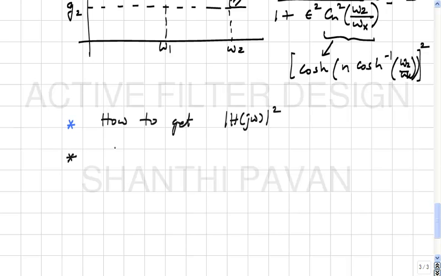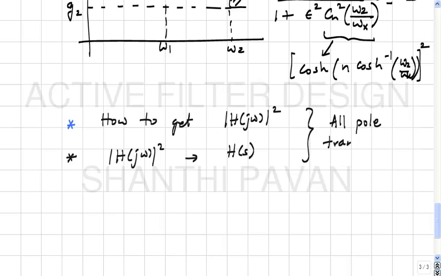The next thing is, given mod h of j omega whole square, from this to h of s we have also figured out. And we have done this only for the all pole family of transfer functions.